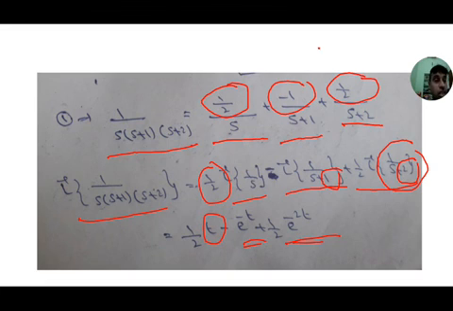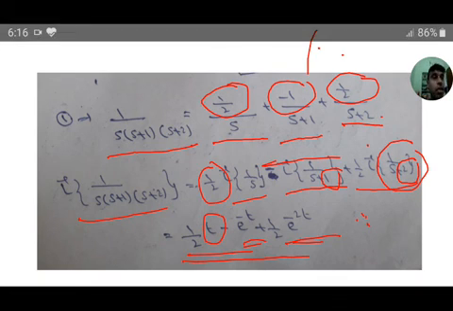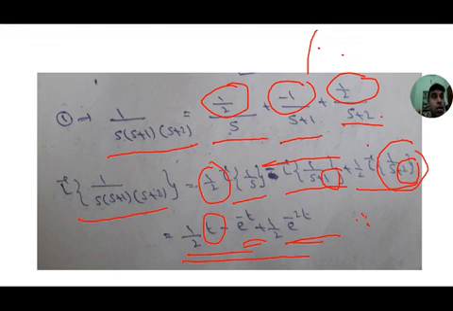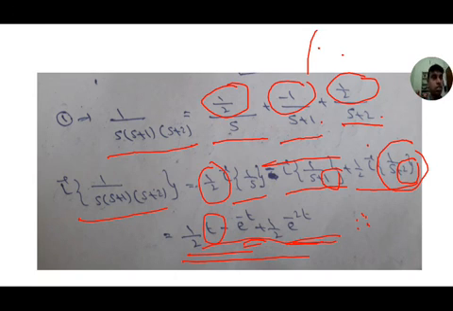Coefficient is as it is. Therefore we get 1 by 2 into t minus e to the power of minus t plus 1 by 2 into e to the power of minus 2t is the answer.